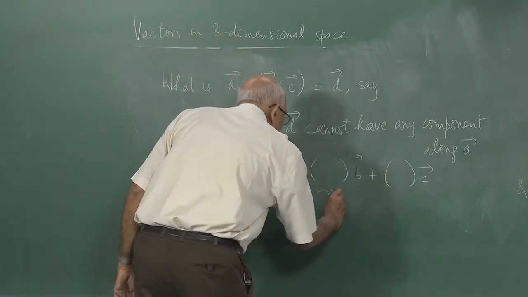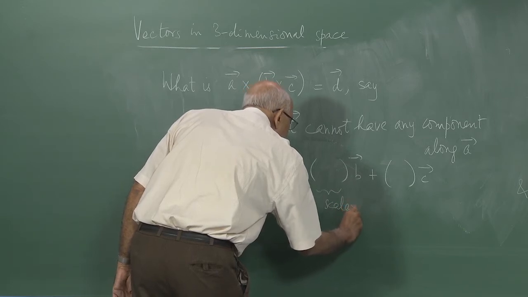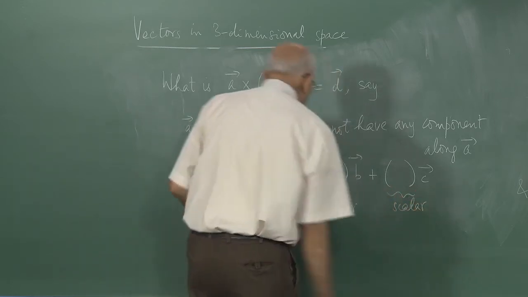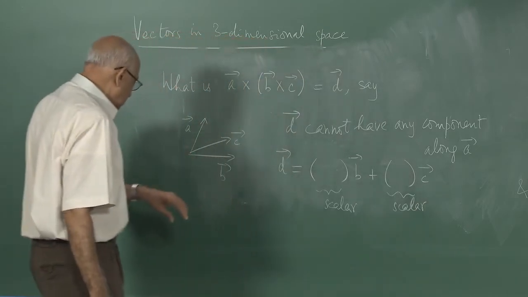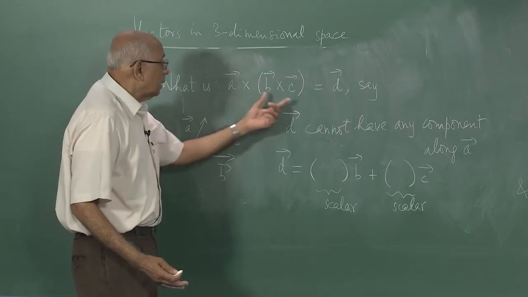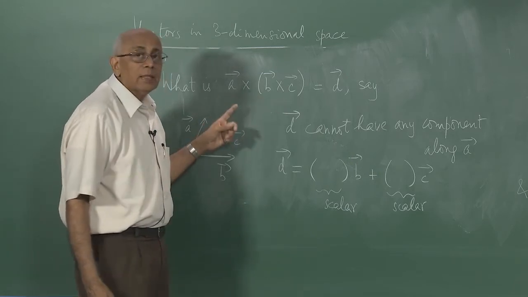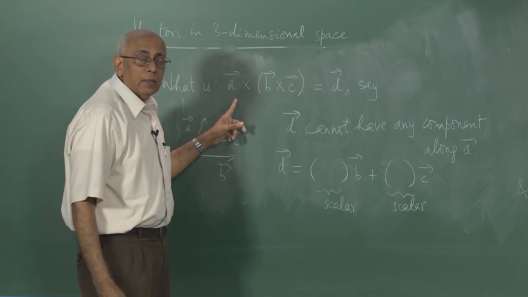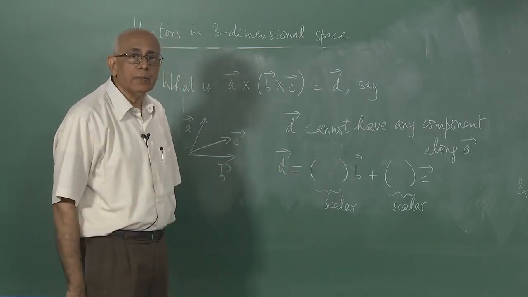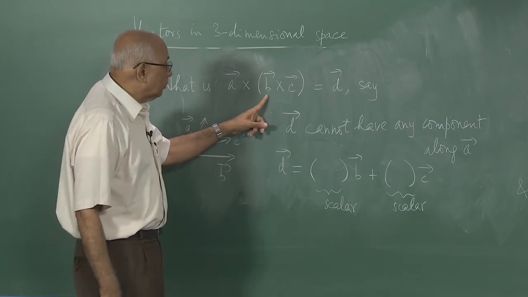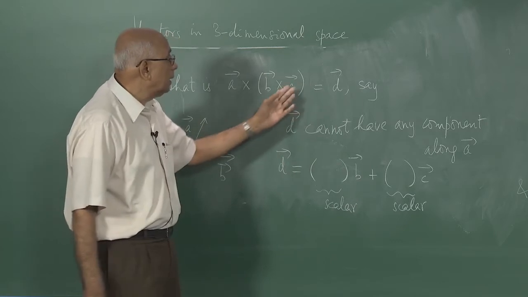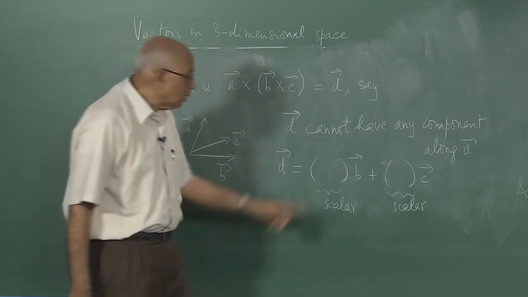So this is a scalar and this is a scalar. Now what can these scalars be? Well, the left hand side here has an A to first power, and therefore the right hand side must also be linear in A. It has a B to the first power, so it must be linear in B. It must be linear in C. But there is already a B here.